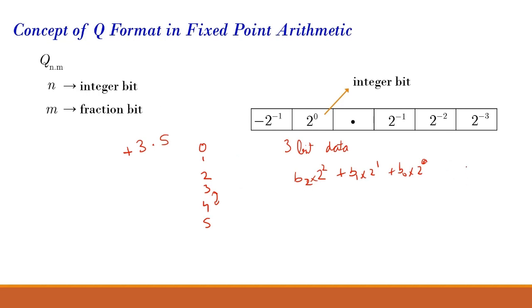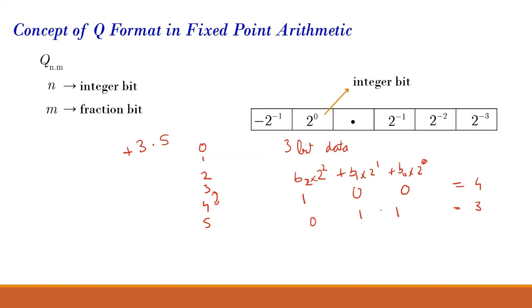Based on the value of the bits, I will get the corresponding value. Assume I give 1, 0, 0 over here. What will I get? The value equal to 4. Assume I give 0, 1, 1. I will get the value equal to 3.